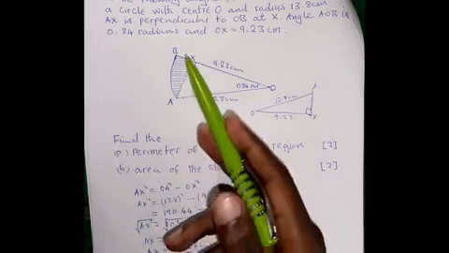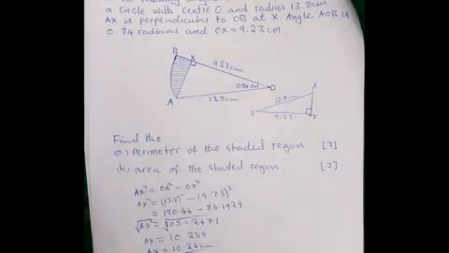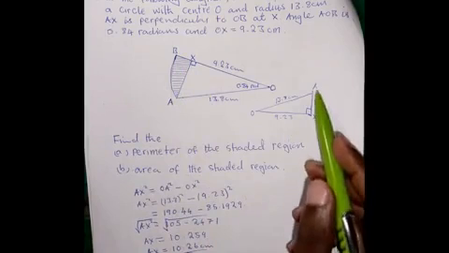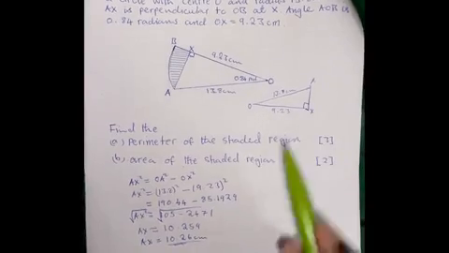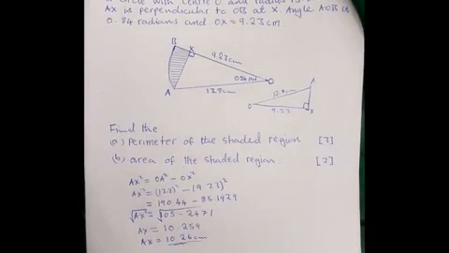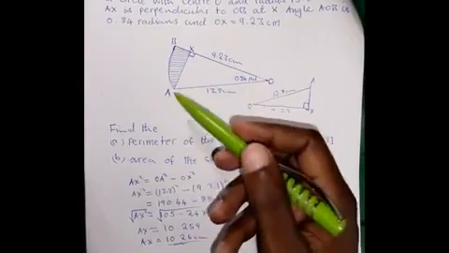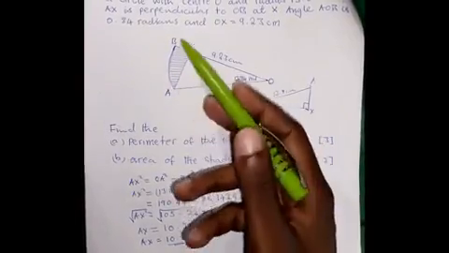This is just the value of AX. We haven't calculated the perimeter. So this is the AX you've calculated. Apart from that, we also need to calculate the arc length, which is this one.